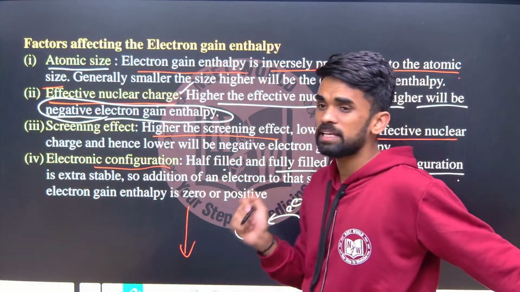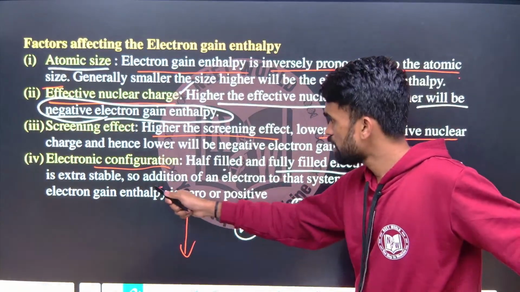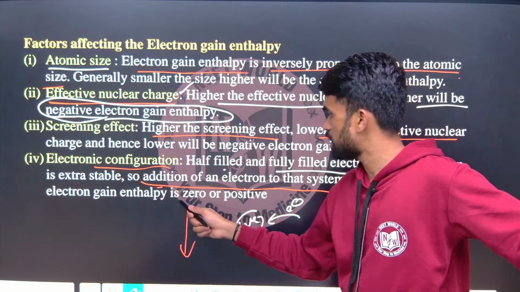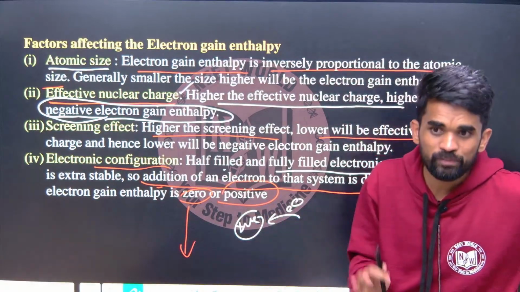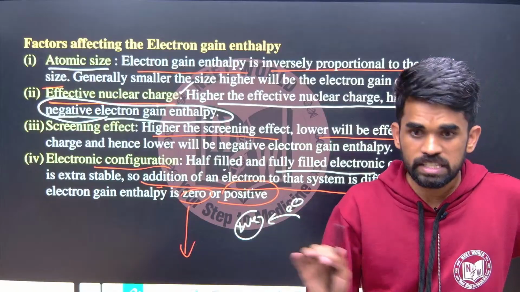Therefore they won't take that electron easily. So electron gain enthalpy is either 0 or positive. It means it is difficult to add. If it is negative, you can say it is easy to add.